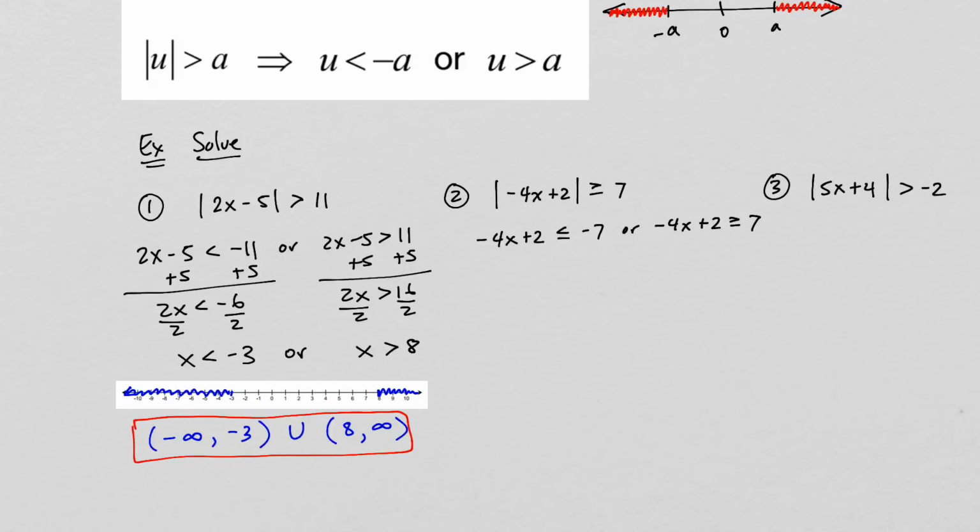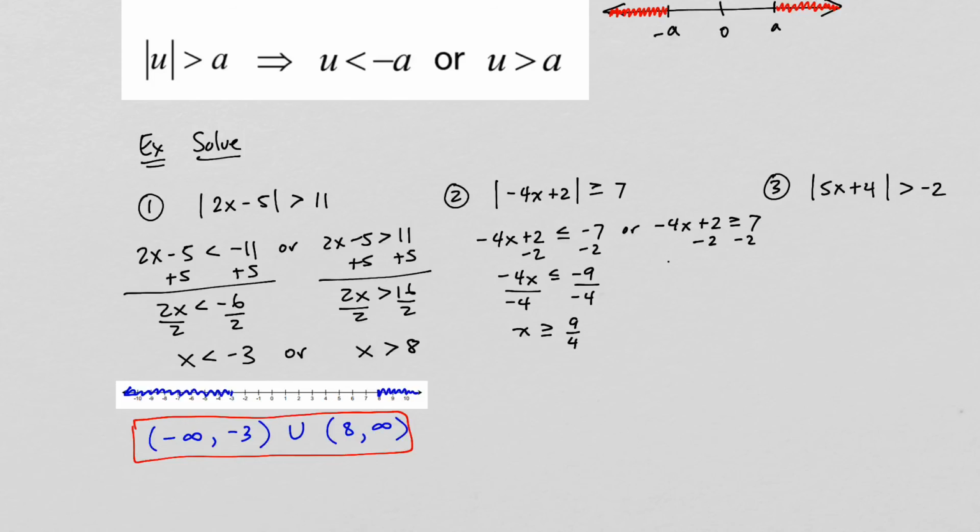Notice that I'm setting it up the exact same way that I set up the last one. And then we simply solve. Divide both sides by negative 4. When you divide by a negative, the inequality reverses. And negative 9 divided by negative 4 is positive 9/4.